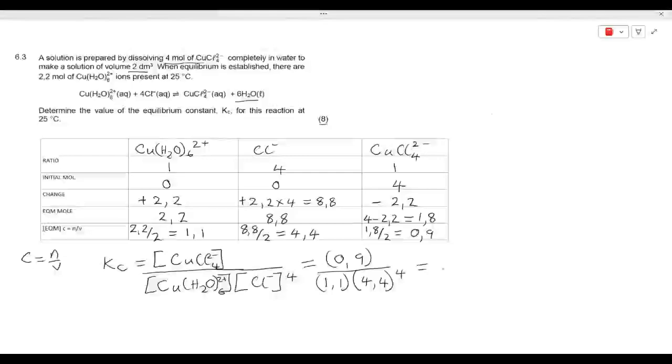If we use our calculator, we are going to get 0.00218. So this is our Kc value as expected. So we can say, therefore, the Kc value for this reaction is given by that. Right, so that's the answer.